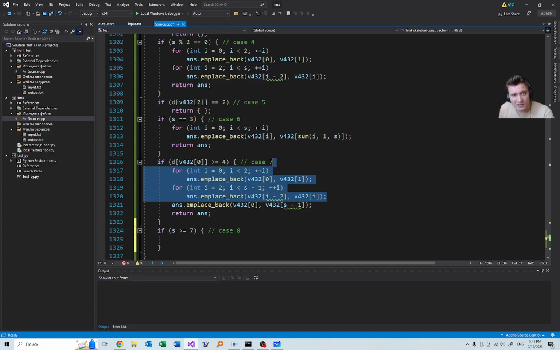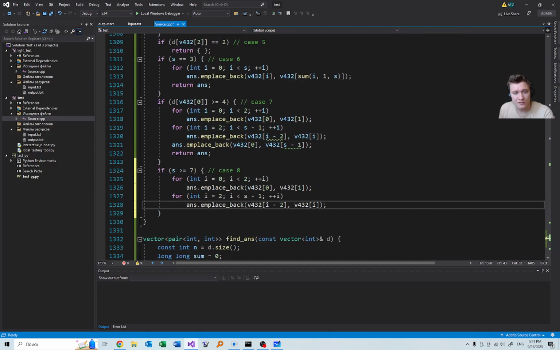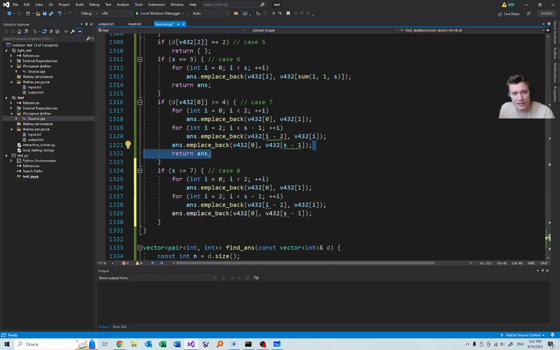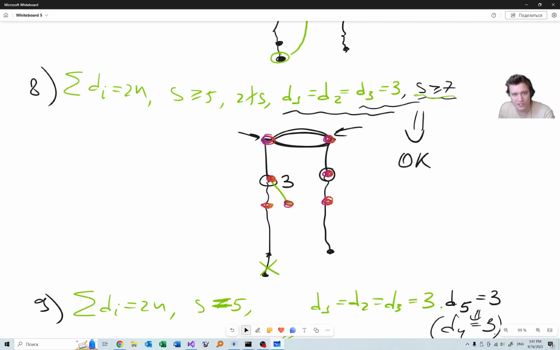The beginning is the same. We construct this, but in the end we add this edge, not to the 0th vertex, but to the second vertex, which is here. It cannot be seen, but I meant here. So this is the 0th, this is the first, this is the second. And I need to attach it to the second vertex.